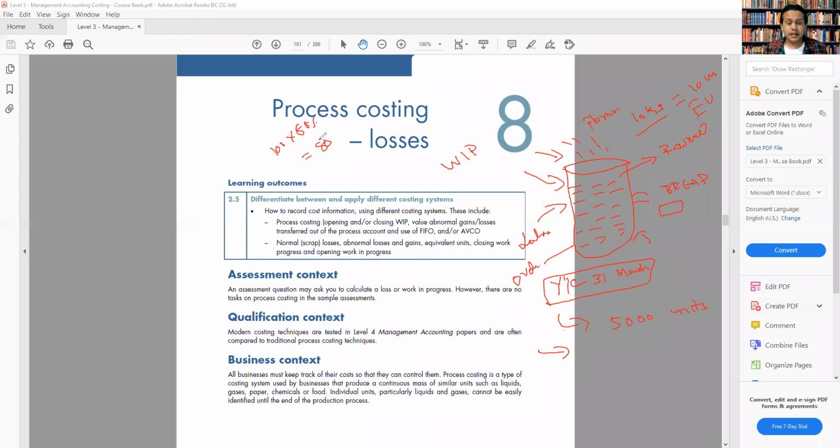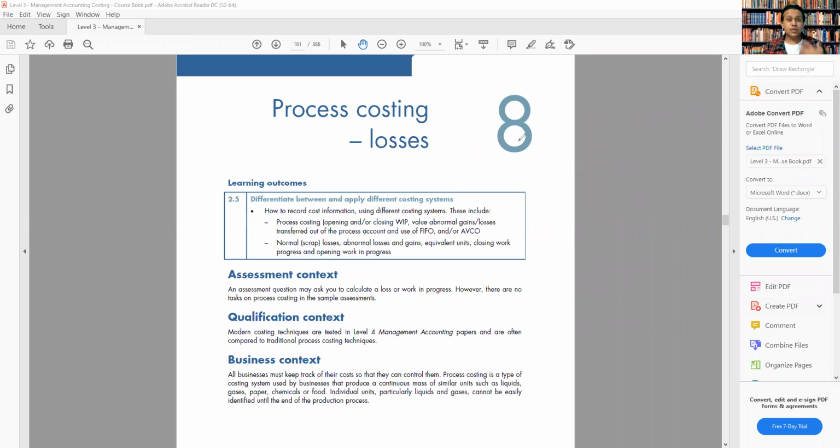The next point I'm going to discuss: there are a few things that happen during the process time. The first one is called normal loss. What is normal loss? That is expected loss. For example, if I input 10 kilo of flour in the machine, half a kilo of flour is always wasted.